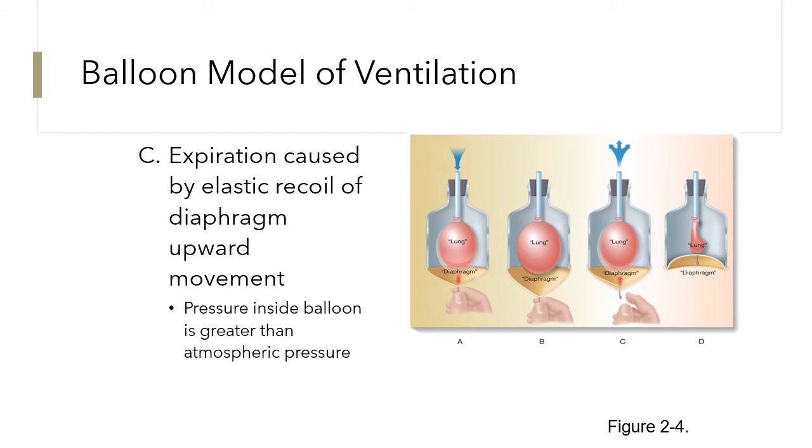To simulate expiration in picture C, the elastic diaphragm is allowed to recoil. You can see the hand letting go of the diaphragm. It causes the size of the thoracic cavity to decrease, decreased volume, which causes the intrapleural pressure to increase.